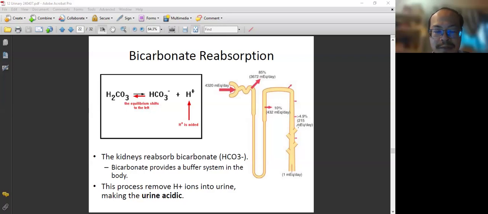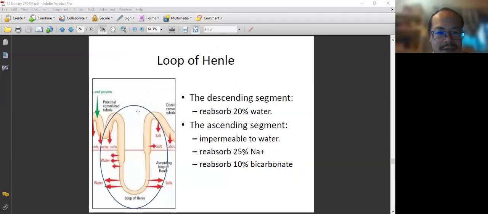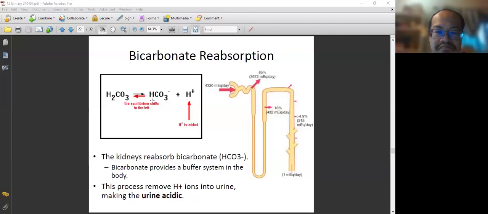How do we reabsorb them? The way we reabsorb them is by secreting hydrogen. So here is the bicarbonate. I didn't get too detailed about it, but what you need to know here is two things.